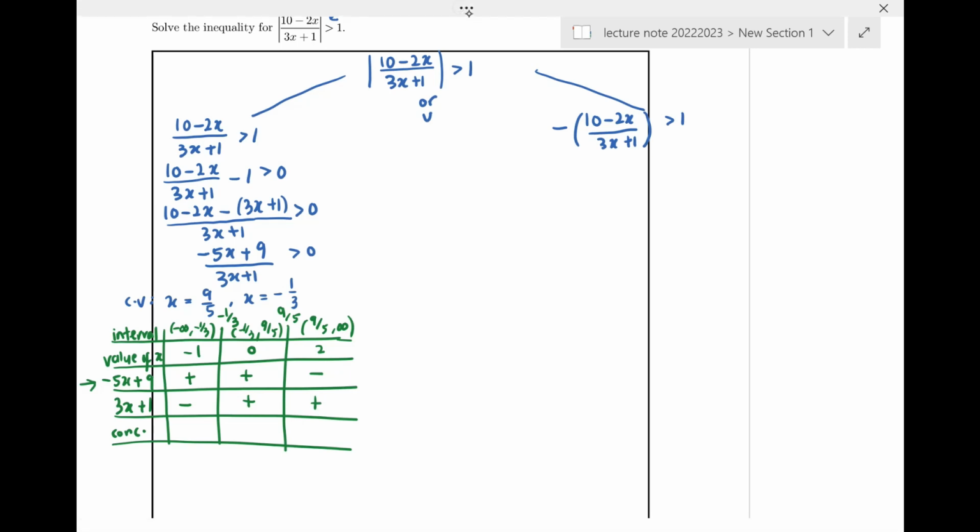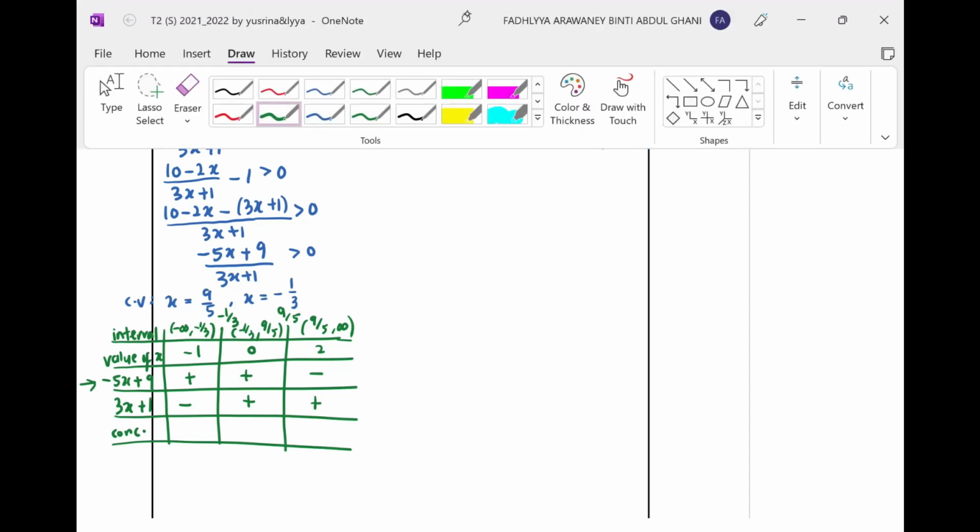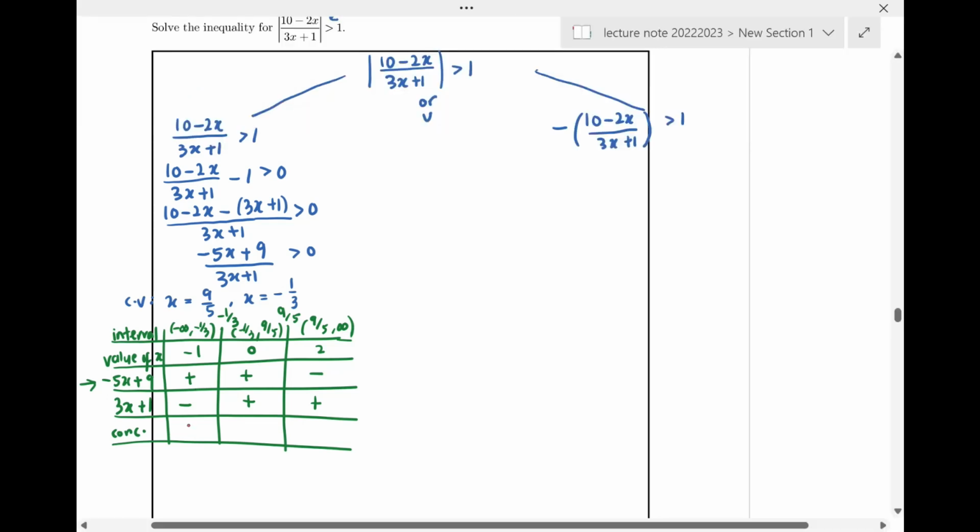So conclusion, you know what to do. Positive over negative is negative, positive over positive is positive, negative over positive is negative. I forgot to highlight my last statement. This one.